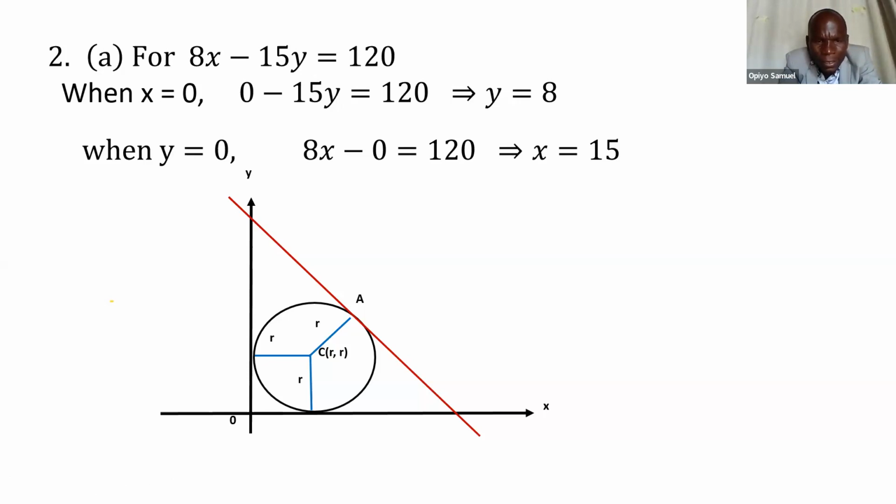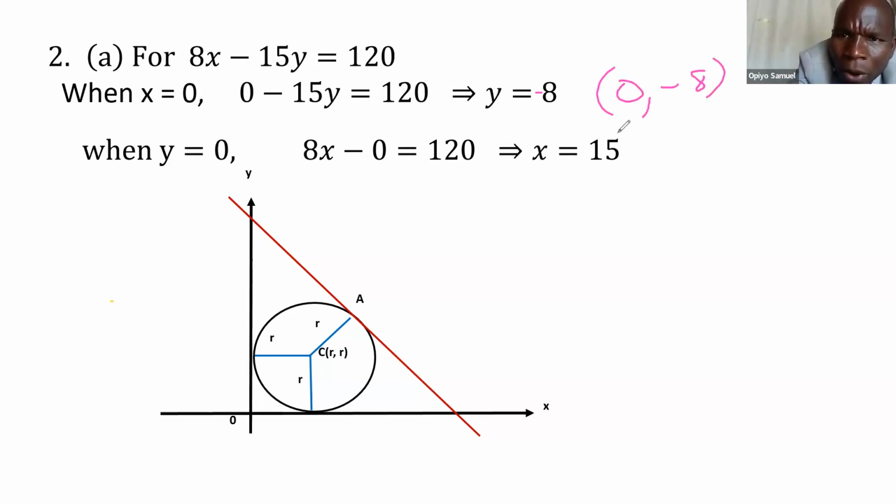It's touching the axis. So I want to reconstruct our diagram because here, first of all, this should be negative 8. Because when x is 0, we have negative 15y equals 120. So this gives us negative 8, which means we have the point 0, negative 8.